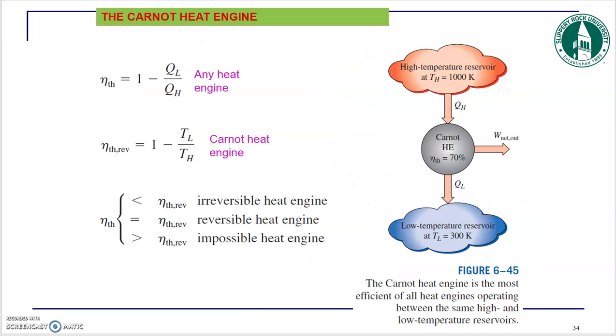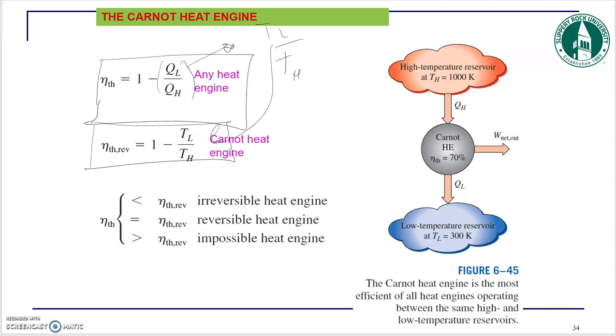Alright, so now remember we defined the efficiency of any heat engine by saying that eta, the efficiency, is 1 minus QL over QH. Now if you have a Carnot cycle, you can substitute. Remember this ratio in a Carnot cycle is TL over TH. So for a reversible Carnot cycle, the efficiency is 1 minus TL over TH, and that's the maximum efficiency that you can get from any heat engine.